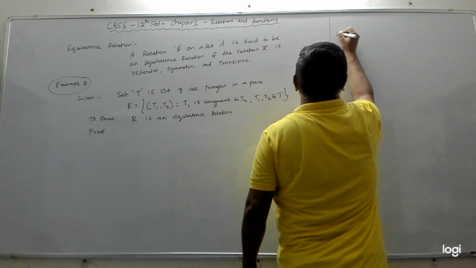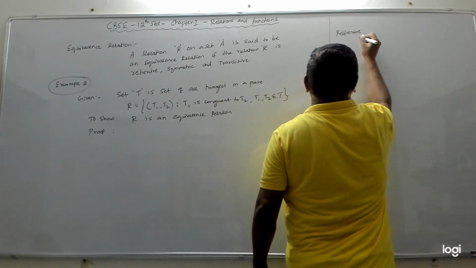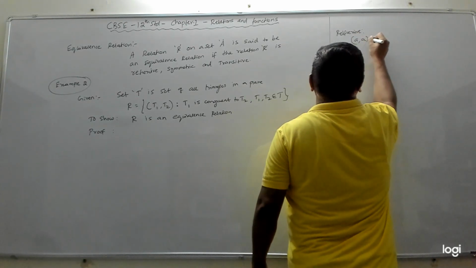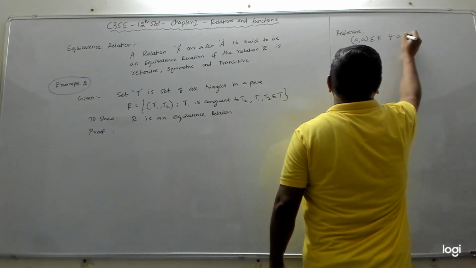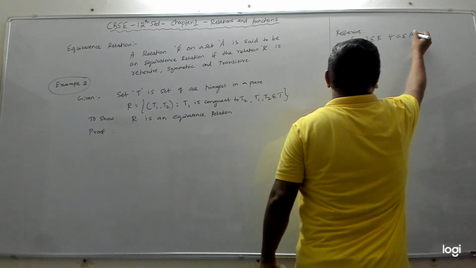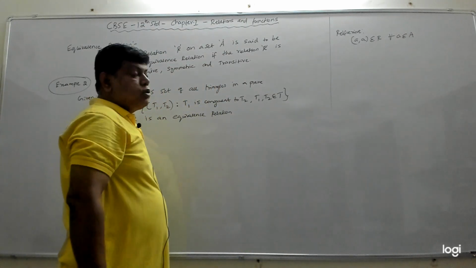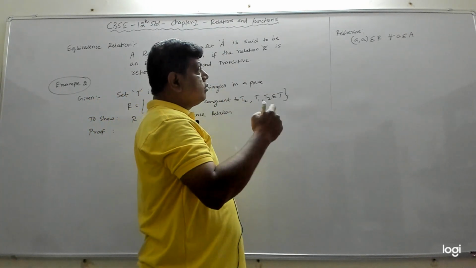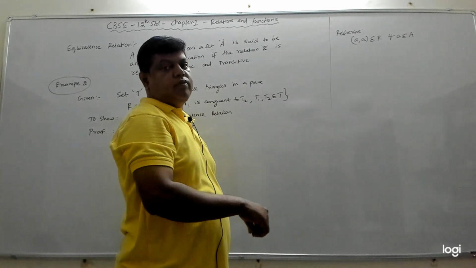We call a relation a reflexive relation if (a, a) belongs to R for every a in set A, which means every element in A should be related to itself.